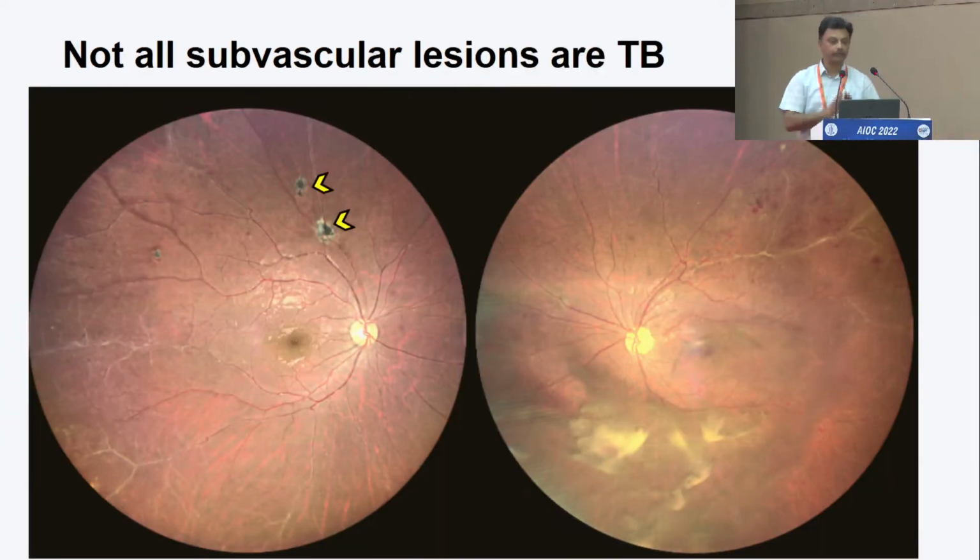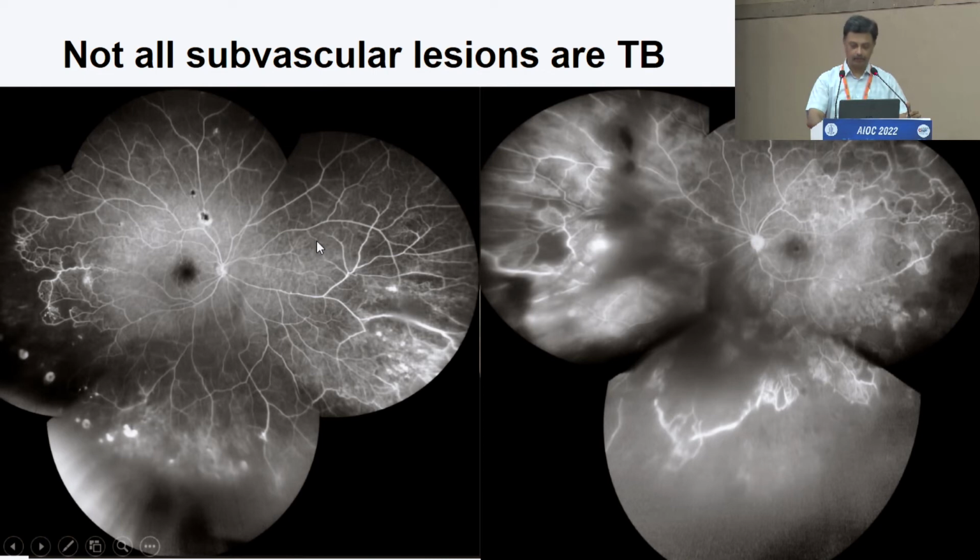However, very important to remember that not all subvascular lesions are TB. You can see these two subvascular lesions here in this picture, and you can also make out the sclerosed vessels and the perivascular infiltrates. When we do a fluorescein angiogram, you see the extensive capillary non-perfusion areas in the periphery in both eyes.